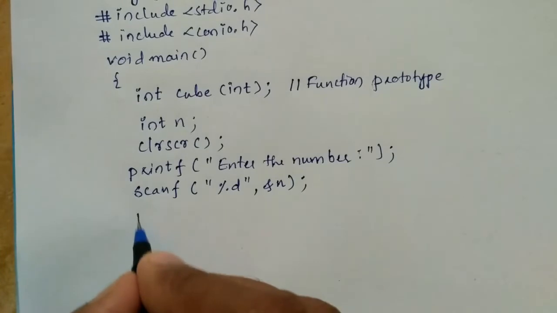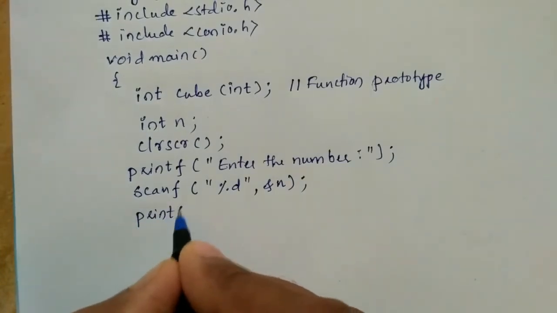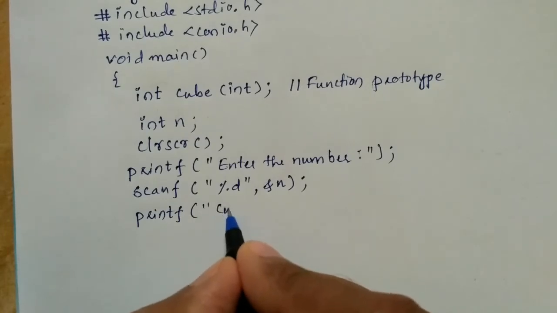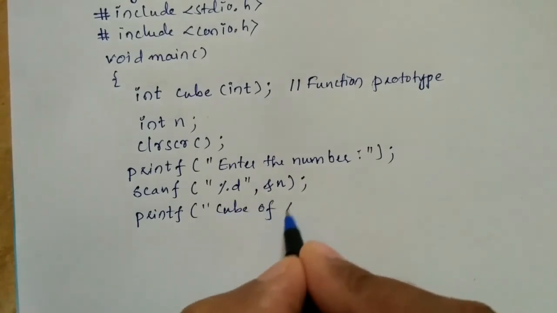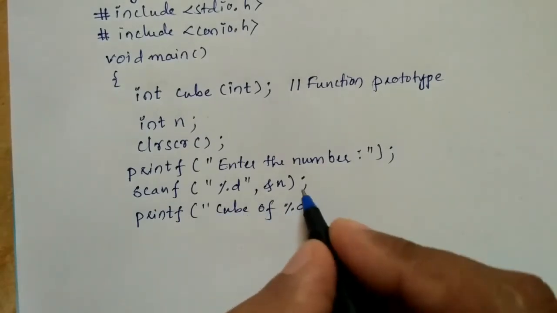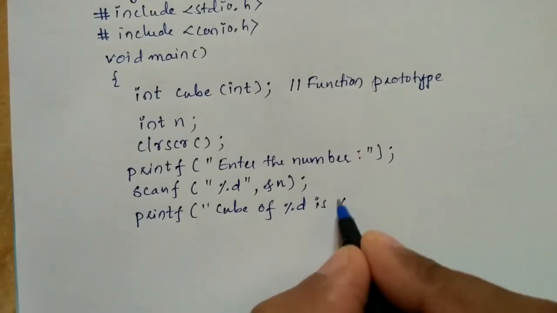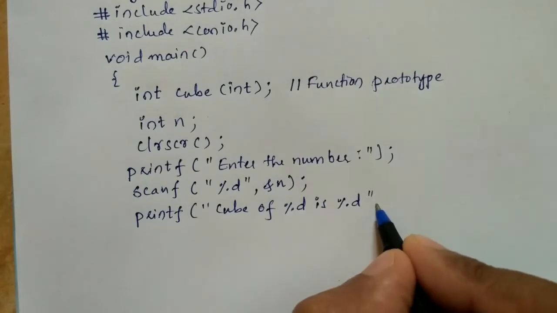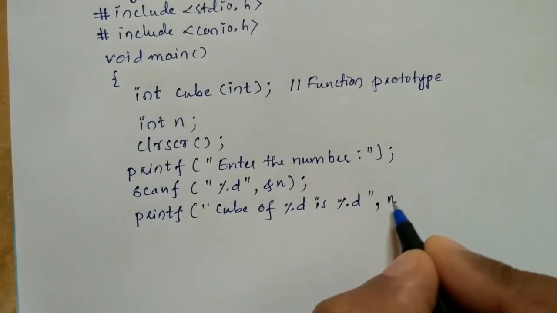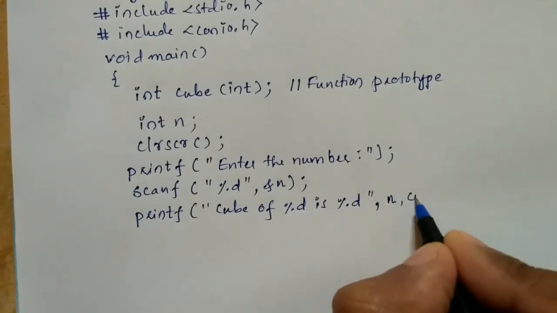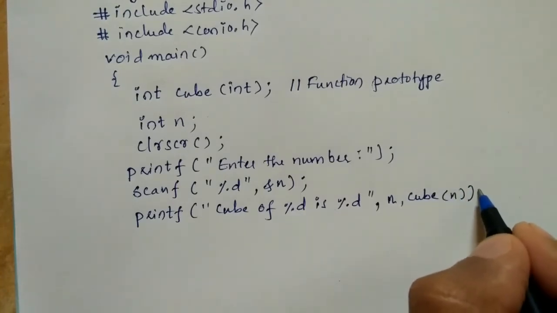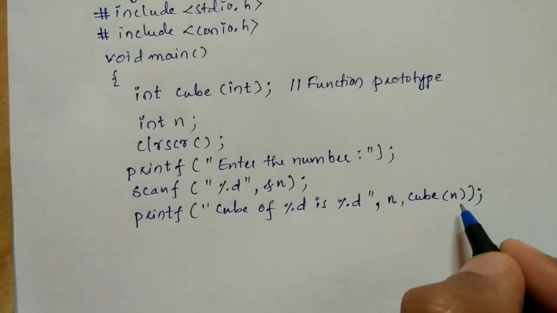Now I'm going to write printf, and then I'll write cube of %d is %d, end the double quotation mark, put comma, n value, comma, next we have cube of n, and close the round braces and put semicolon.